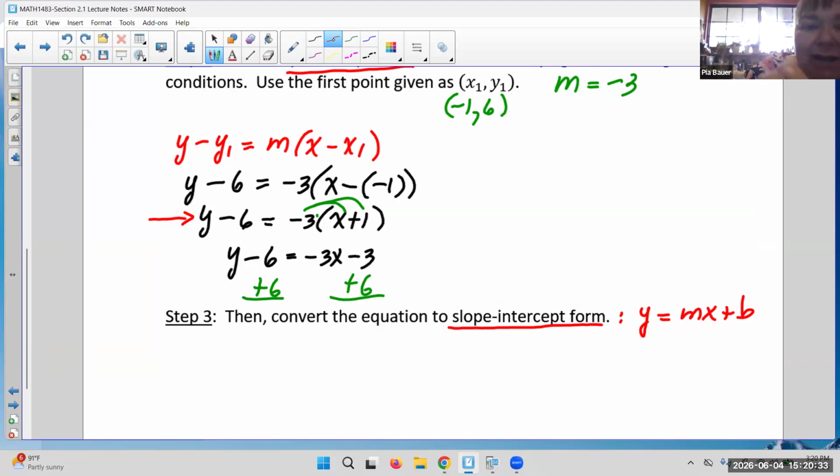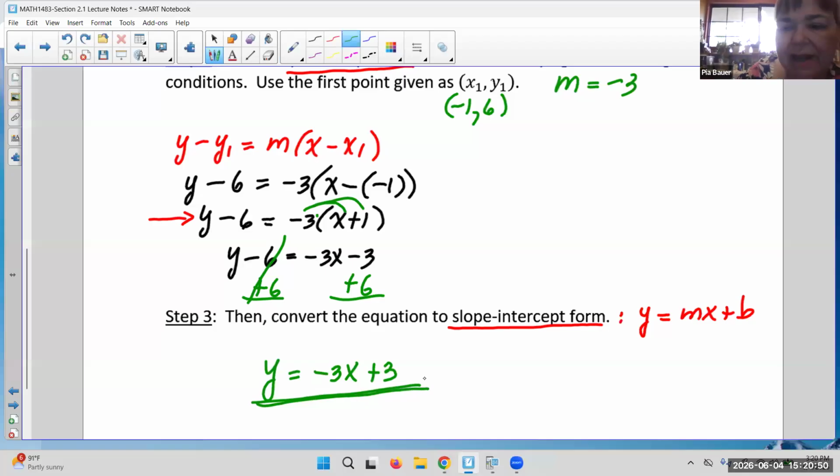So then here the sixes cancel out on the left-hand side. So then I am left with y equals. Then I have -3x, and -3 plus 6 will be +3. And that will be the slope-intercept form of this equation.